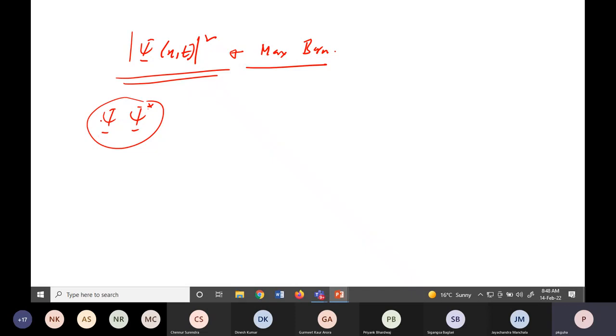That is the probability of finding the electron. So we can't say that psi is 20%, or 30%, or 40%, because the electron can be at a particular place or it cannot be at that place. So it's like 0 and 1, okay. It can't be between 0 and 1, so it can't be like 20%, 30%, 40%.